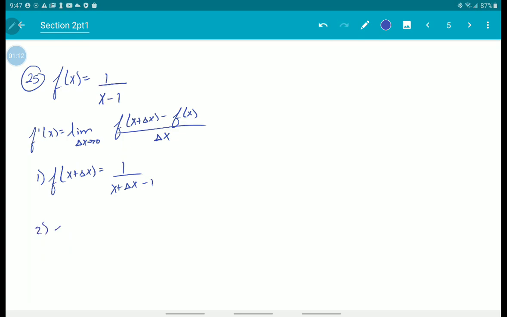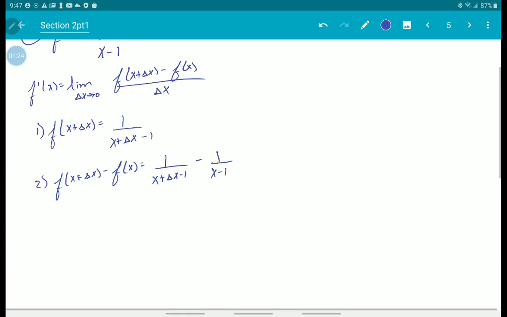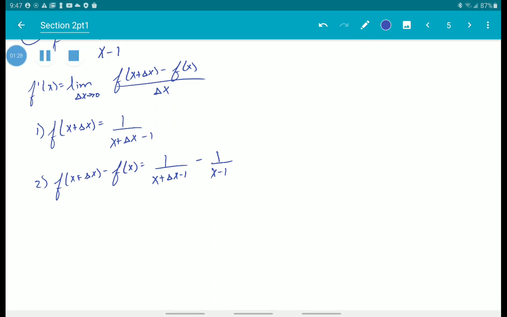Step 2 is f of x plus delta x minus f of x. So I'm going to take this and subtract the original function. So we have a fraction minus a fraction. If we want to subtract fractions, we have to have a common denominator.